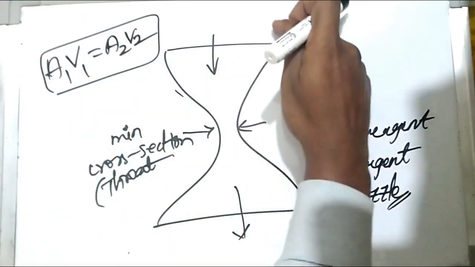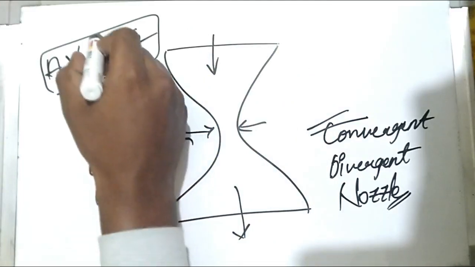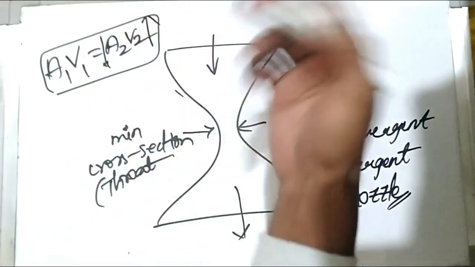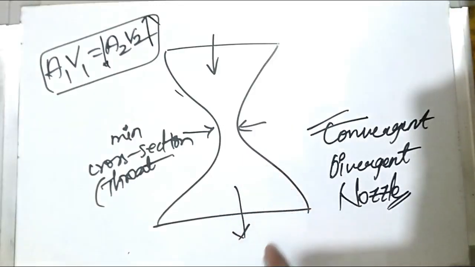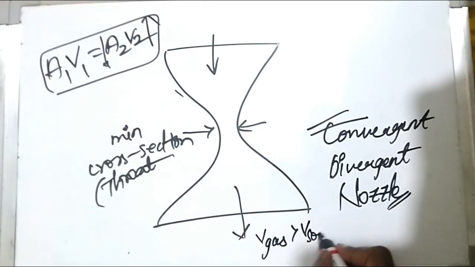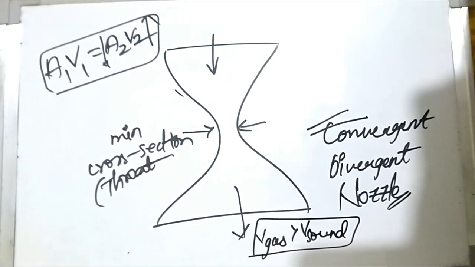As the gas comes in, the cross section is decreasing, so the velocity will increase to a very high extent, and from here the gas will expand and reach the end of the nozzle. This velocity of gas is greater than the velocity of sound.